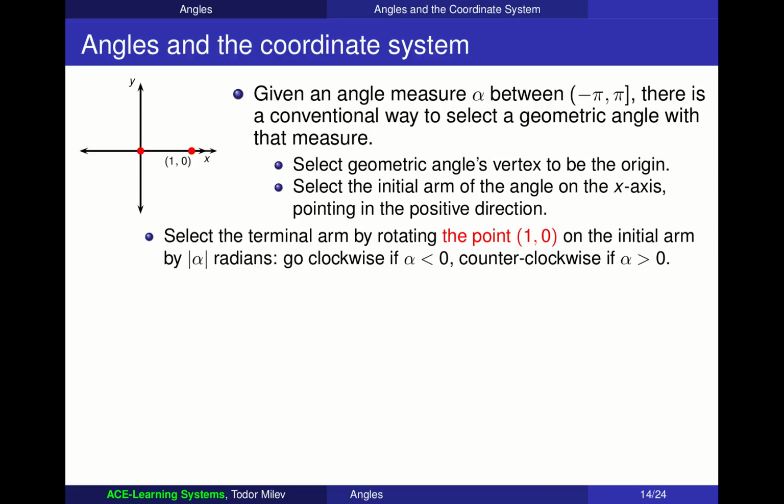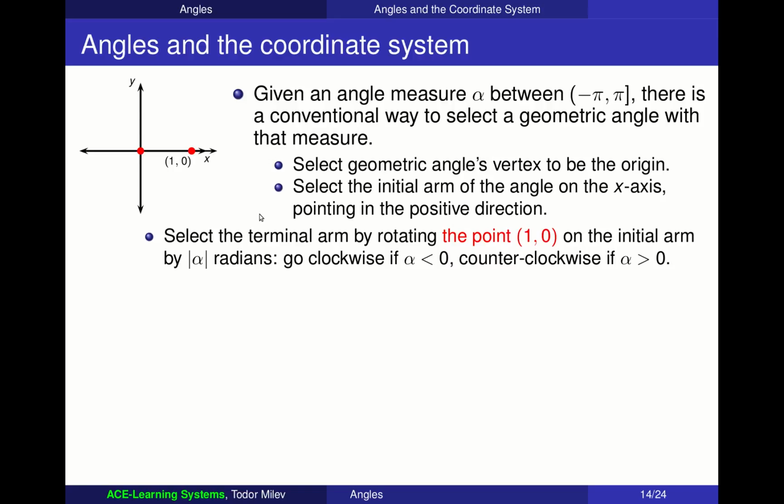Okay, so now I've told you how to select the vertex and the initial arm. Now how do we construct the terminal arm? Once we have selected the vertex and the initial arm, if we know the angle measure, which we do in this case, that's the number alpha, then we no longer have any choice. It is a function of the choices we have made so far.